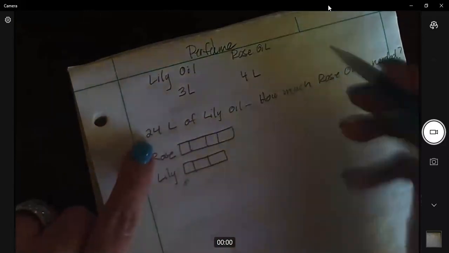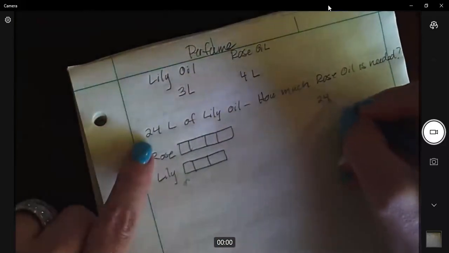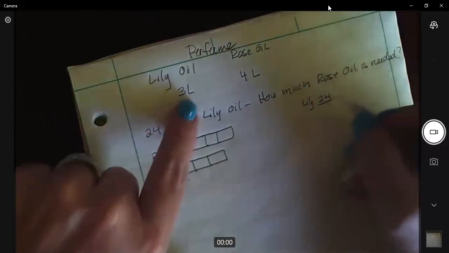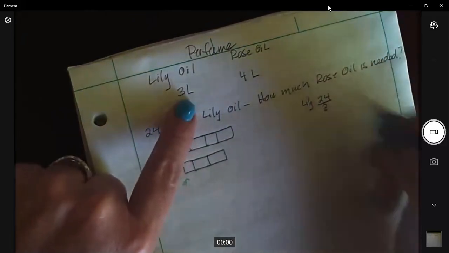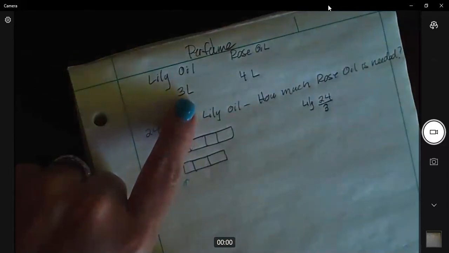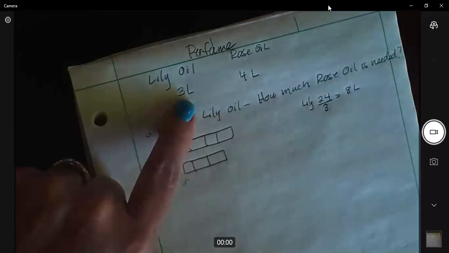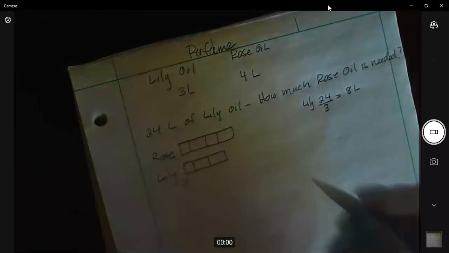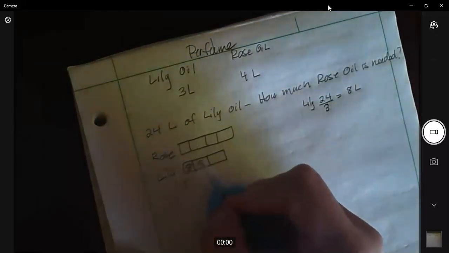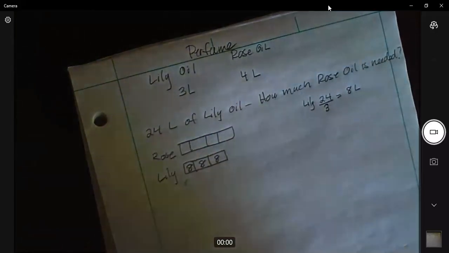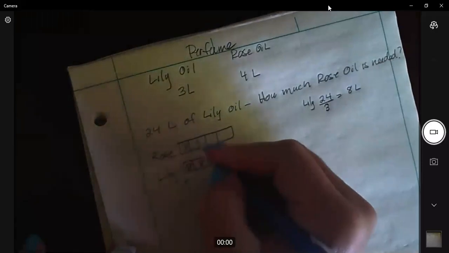So if I take the 24 liters, and this is lily oil, and I divide it by how many parts, we have 3 parts, so how much is each part? Each part is going to be 8 liters. When I do a strip diagram, these are all the same, they all have to be the same size. So that means these all also have to be 8.